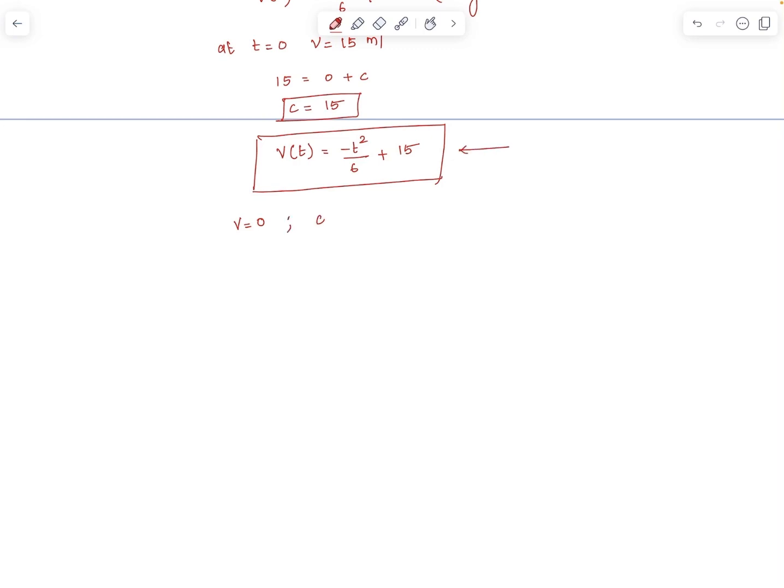So 0 equal to minus t square by 6 plus 15. T square by 6 equal to 15. T square is 90. T is equal to plus or minus 3 root 10 seconds. Ignoring the negative, we take t as 3 root 10 seconds. This is the answer for question 2.